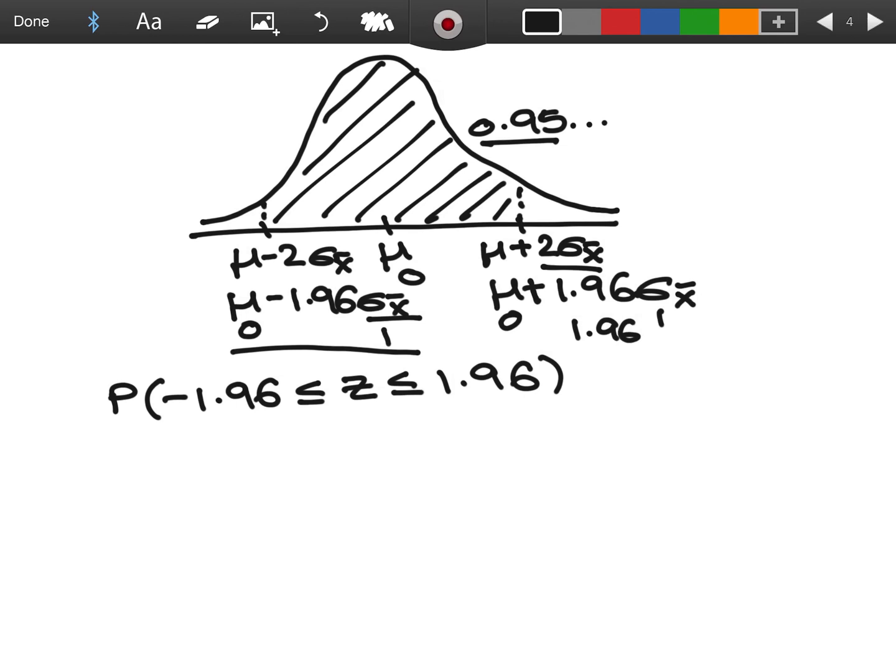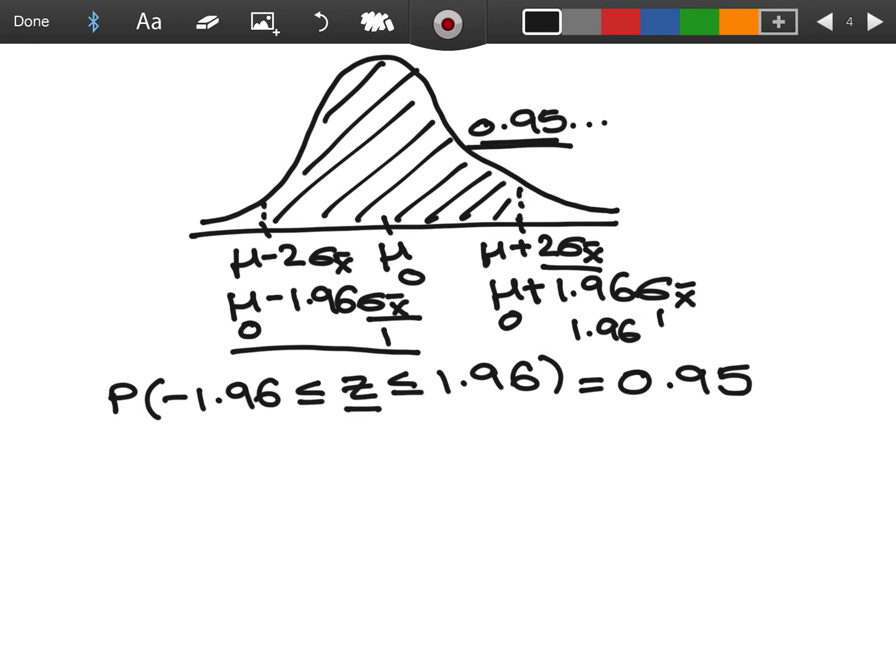So between negative 1.96 and 1.96, the probability that I lie in that interval is 0.95. I have exactly a 95% chance of lying in that range.